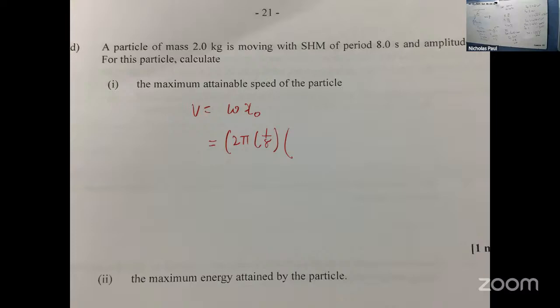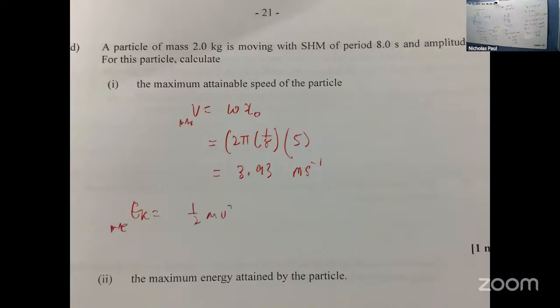Right, and the amplitude is 5. How much you got there? 3.93 meters per second.